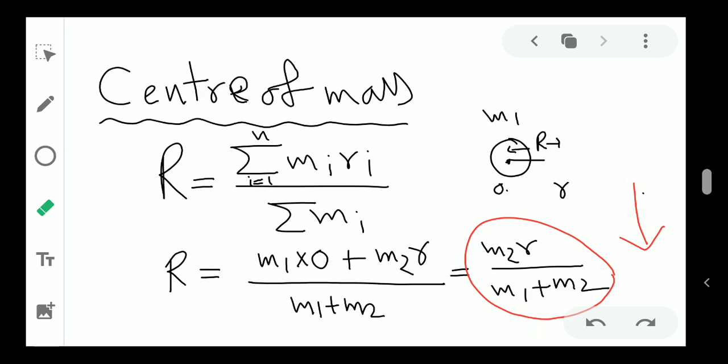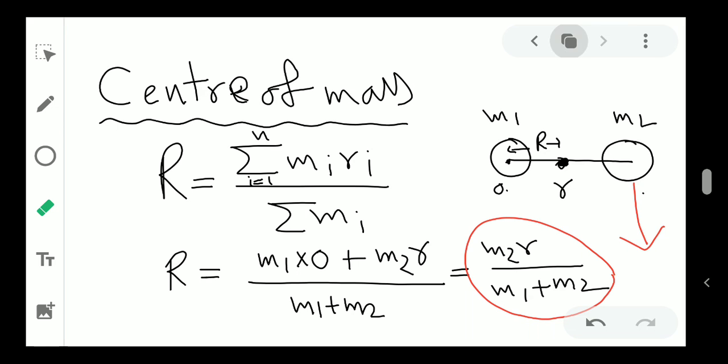So let us see whether it gives us 0 or not. What do we have to do? We have to subtract this m2 part so that we can get r at 0.